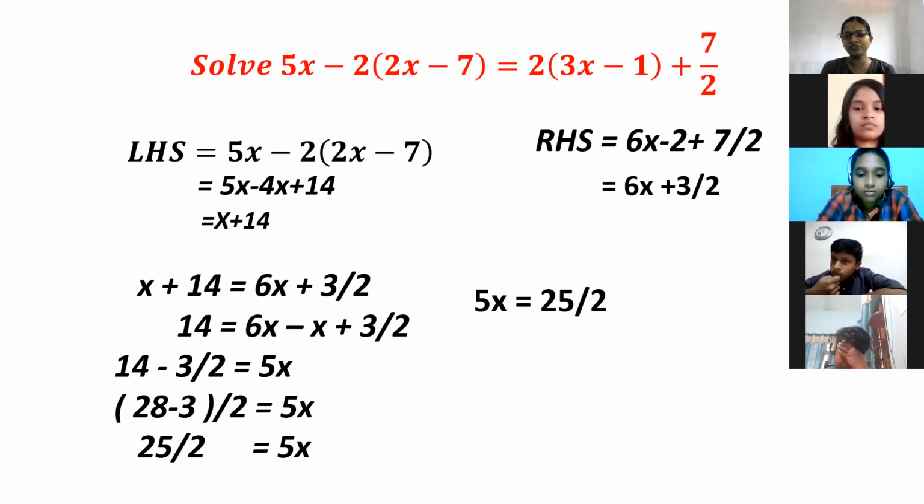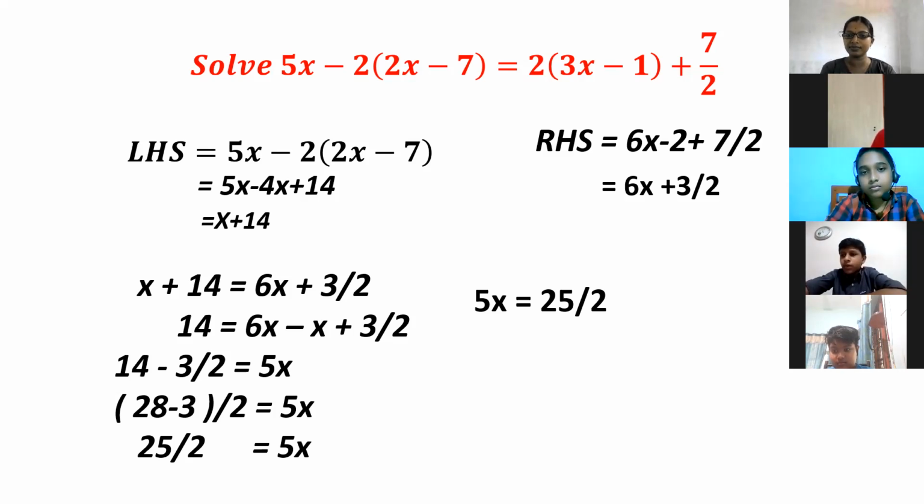Then how will you find the value of x? Here x is multiplied with 5. Then how will you find the value of x? We have to move this multiplied 5 to our RHS. Then what happens? 5 is multiplied in LHS, and then what happens?